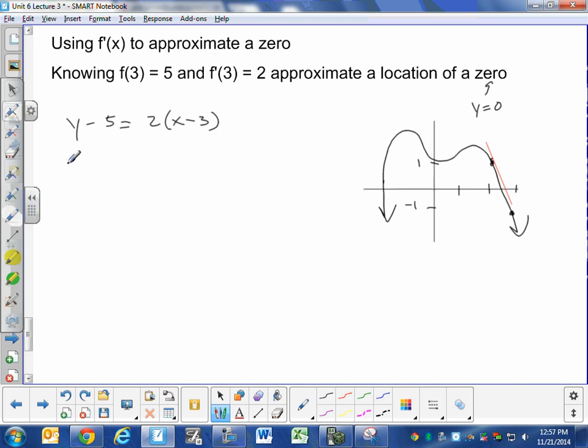If I want to approximate a 0, plug in 0 for y, I find x. That's it. If I give you 2 points, develop the line between those 2 points, and then once you have the line, plug in 0 for y.